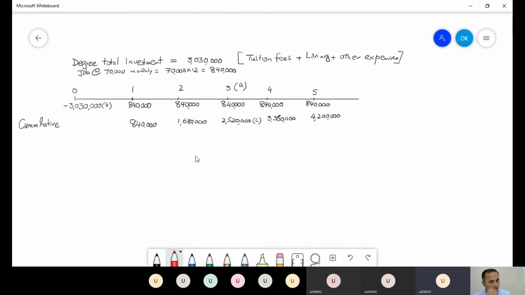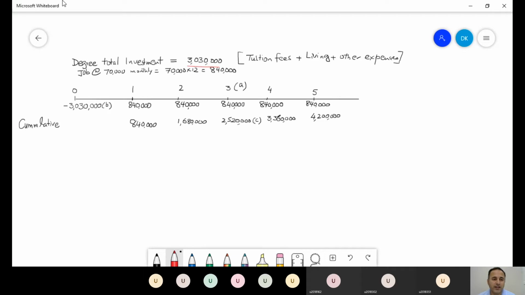Okay, if you remember, the first question was the payback period for an undergraduate degree. So I took this example. One of the students said that he or she will need 3,030,000 rupees as total investment, and that includes the tuition fees, living expenses, and any other expenses.